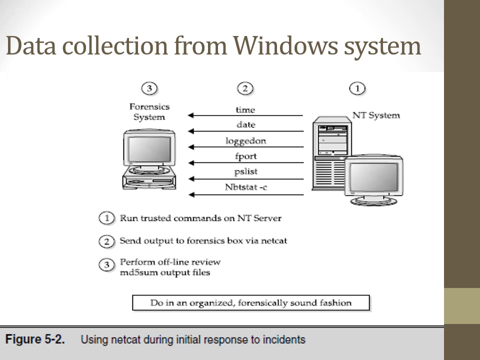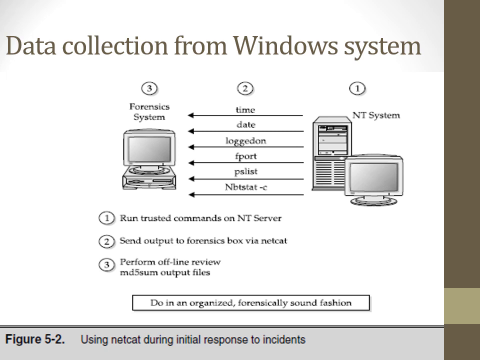And we're saying, when this process is being done from the victim system into the forensic system, the first thing that you need to do is run what we call trusted commands on an empty server or an empty system. In this particular case, it's representing the Windows system, which is making use of the New Technology system.